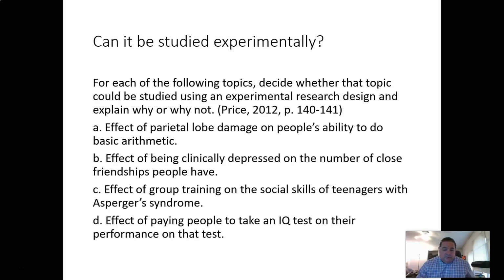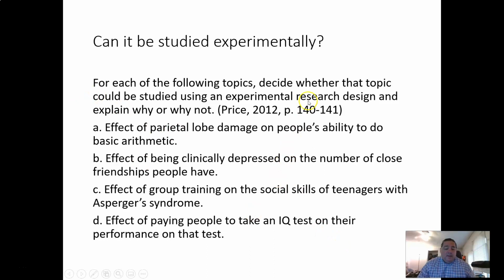This one can be an experimental design because you can have a control group and you can manipulate the variable, group training, and measure the effects on social skills in a constant population of people with Asperger's syndrome. And so those are things that you can control. And it would be an experimental design.